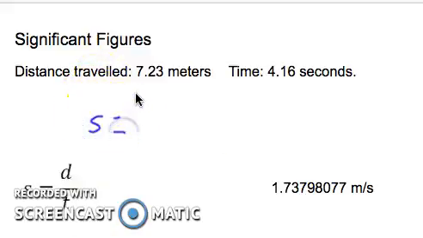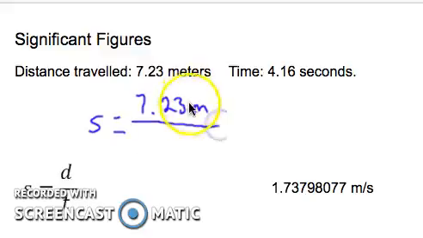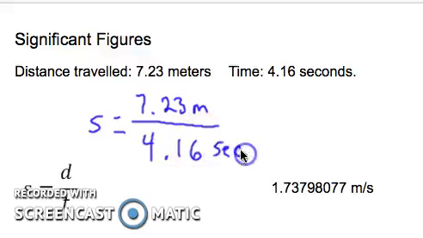The speed equals 7.23 meters, and in the calculator, I would type that in and press divided by 4.16 seconds. So as a result, what I got was this crazy number right here. And if I were not thinking, I would probably just write this in as the answer, or maybe just round it to a figure that seemed reasonable to me.